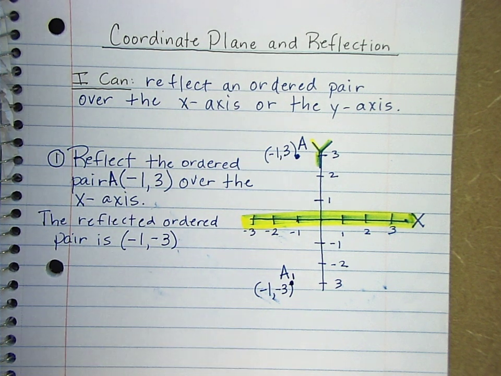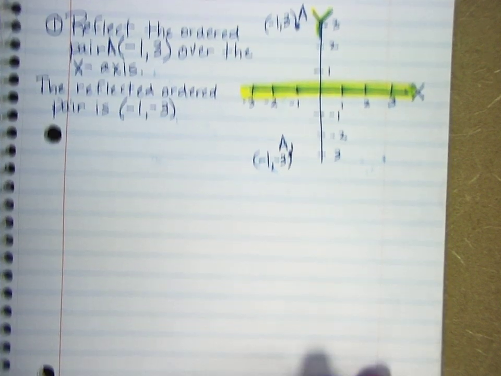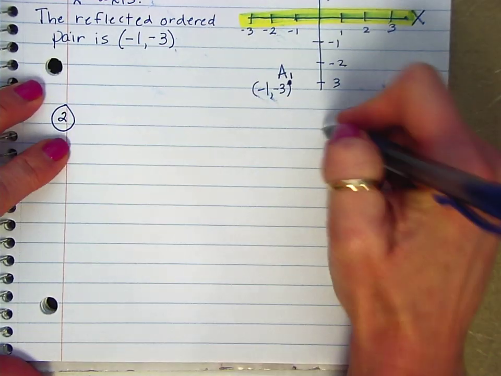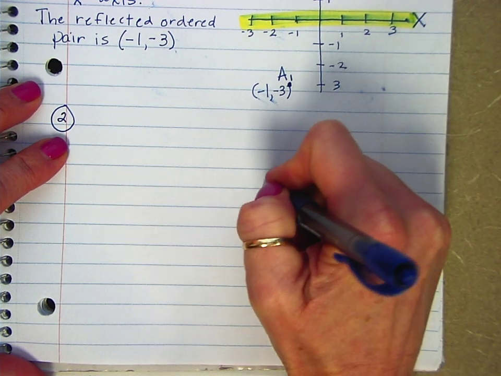All right, let's try another one. Let's reflect over the y-axis. Okay, so let's draw another grid. To 3 is fine.